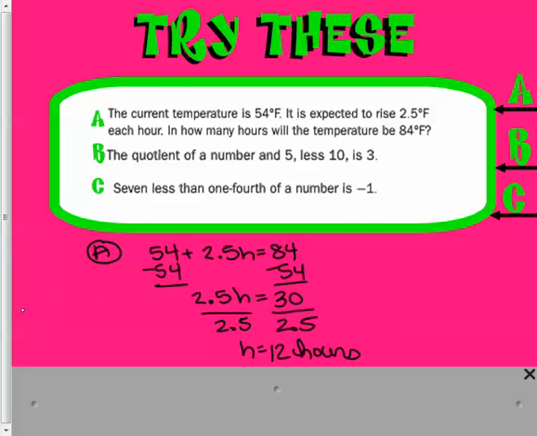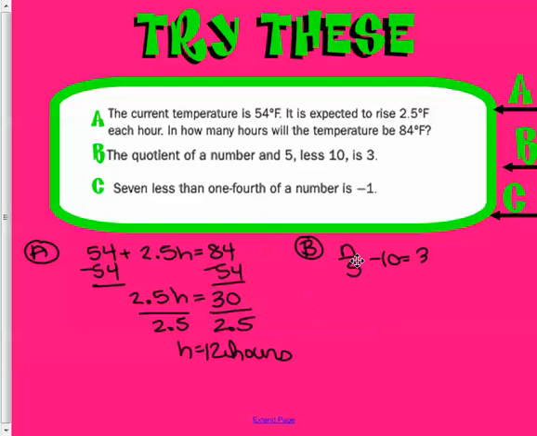Okay, for B, you have the quotient of a number and 5, so this is how it looks. And you're taking 10 away, so we're adding 10 to both sides, and we get n divided by 5 equaling 13. So you have to multiply by 5 on both sides, and you get 65.